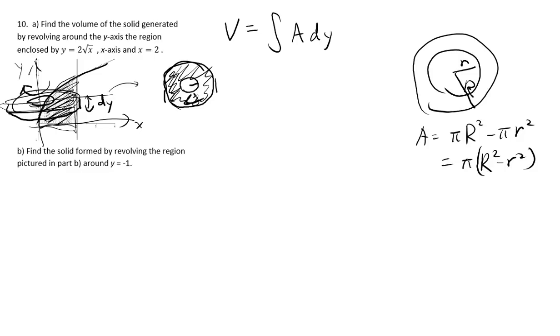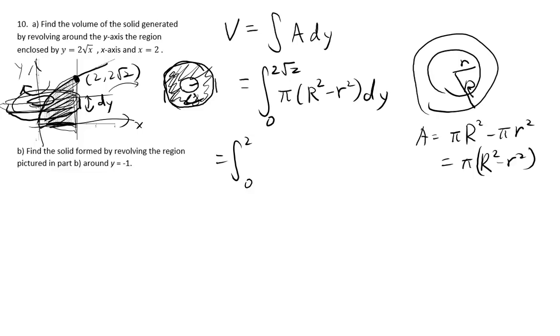So that's the formula that we use for A. And since y goes from, the minimum is 0, and where do they meet? When you set them equal to each other, you get x is equal to 2. So if you plug in 2 here, you get y equals 2 radical 2. So this point here is 2 comma 2 radical 2. Therefore, the minimum value of y is 0. The maximum value of y is 2 radical 2. And then you're trying to find the integral of pi times R squared minus r squared dy.